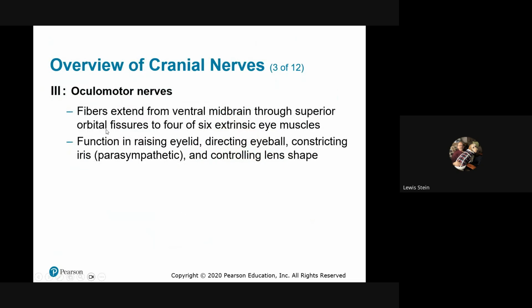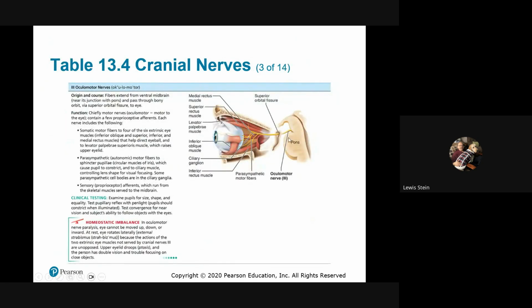Oculomotor. So the oculomotor is fairly large. This is the superior orbital fissure. And this is the parasympathetic aspect. It affects what you're going to learn about when we look at the eye, called the ciliary muscle or ciliary body. That's why I'm emphasizing it now. That controls the shape of the lens, and in addition, controls the pupil.